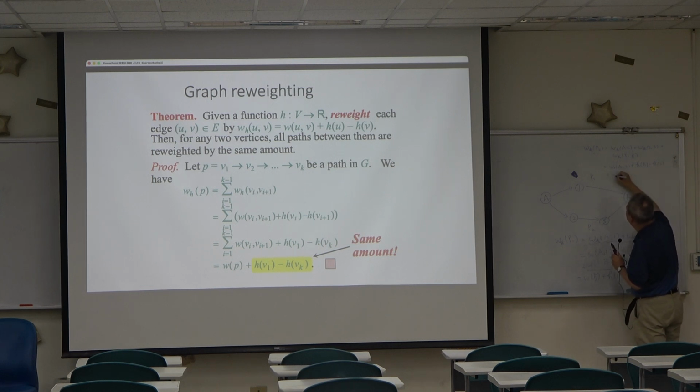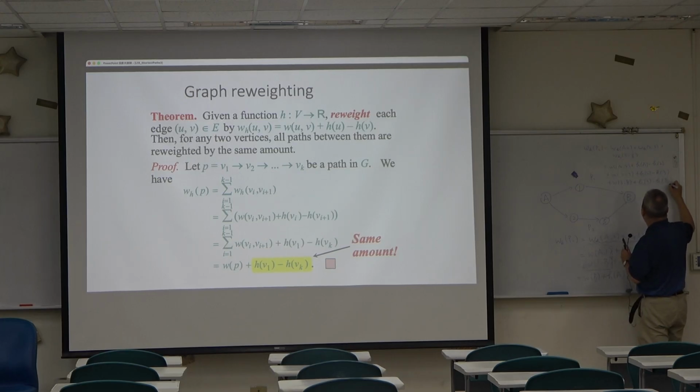The second one will be w(2,3) plus h(2) minus h(3). The third one will be w(3,B) plus h(3) minus h(B).